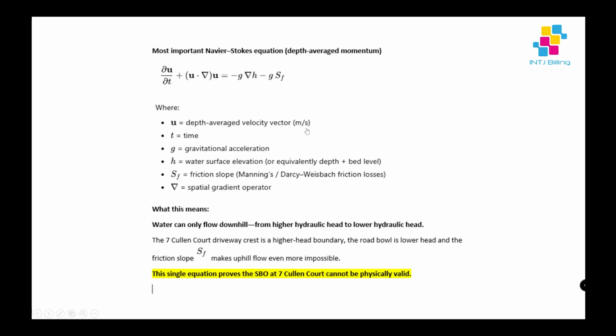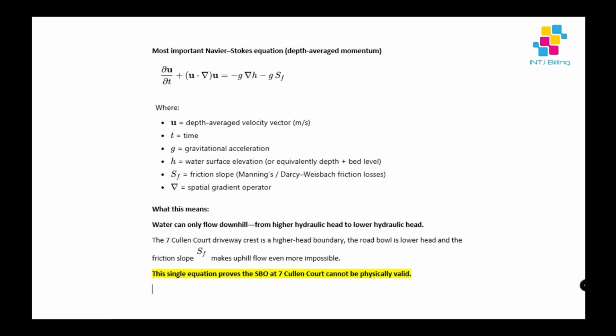I'll just go back one quickly for the Navier-Stokes equations. The key term, of course, is negative g del h. Gravity acting on the gradient of the water surface, which tells the water which way to move. Water flows down the hydraulic gradient, never up.